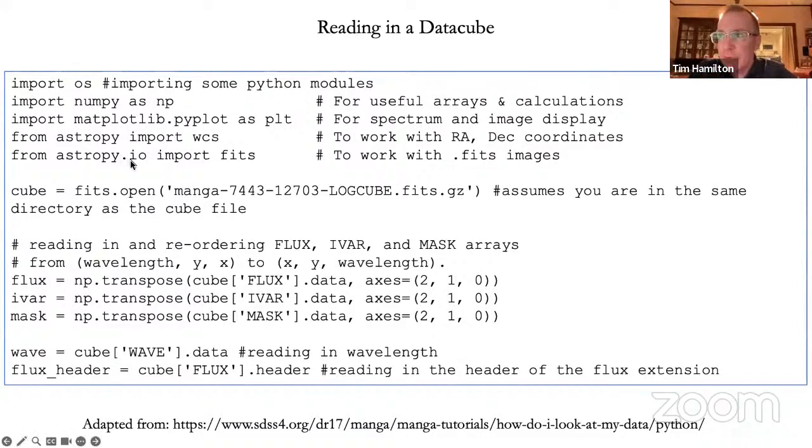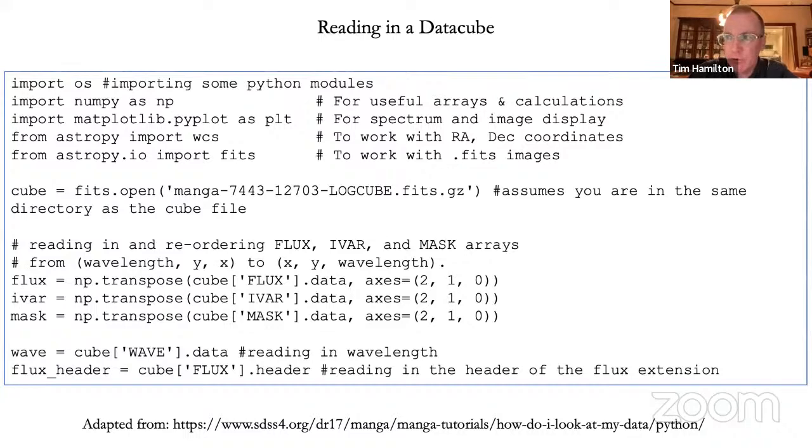We also need, from their input-output part, to work with the FITS file format. If you're not familiar with that, it's Flexible Image Transport System, but really it's just the standard astronomy file format. It allows us to store data, images, tables, arrays, and we also have header information like metadata, which is going to be very useful for us.